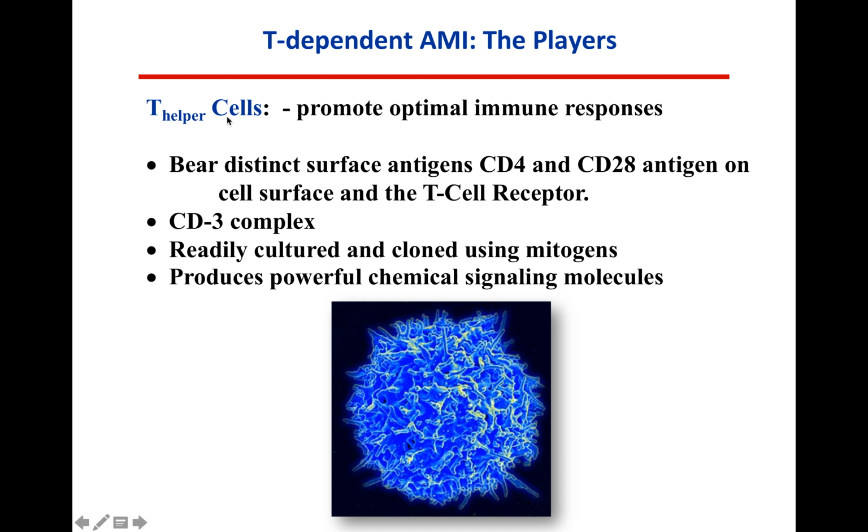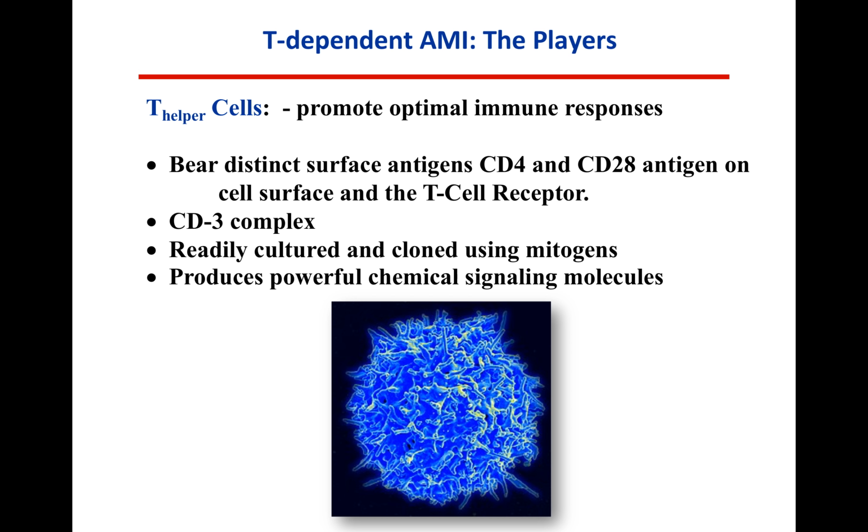Now the real major player that we haven't talked about are T cells, and there's a particular type of T cell that is necessary for antibody-mediated immunity, and those are referred to as T helper cells. They promote the optimum immune response, and in fact they're central to that immune response, as you're going to see.